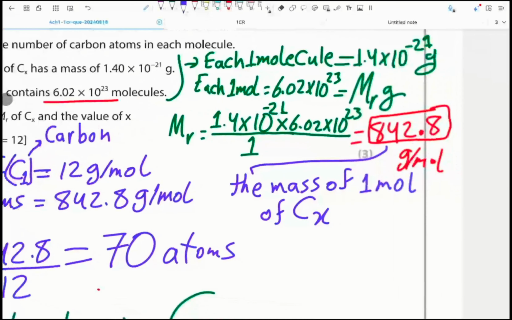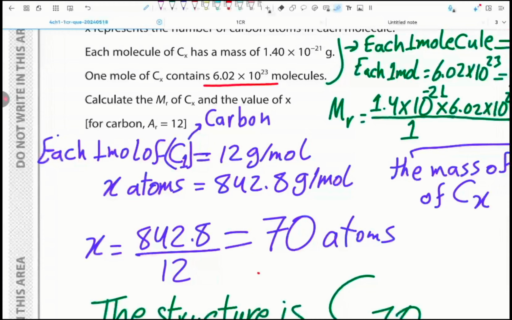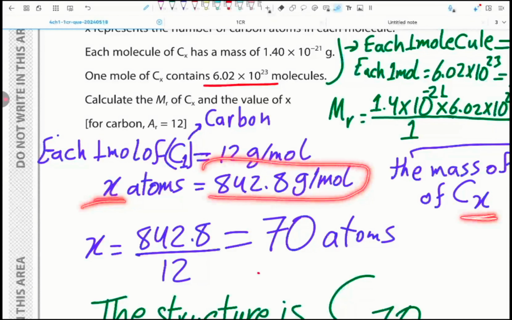Now, my friends, what do we have here? We have, as we see, MR, which is the mass of 1 mole of CX. Now, my friends, if I tell you that each 1 mole of C1, 1 carbon, is 12 grams per mole, so what is X for which we have 842.8?